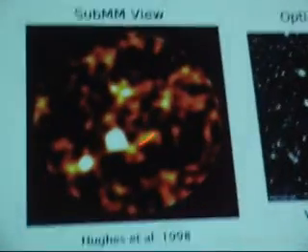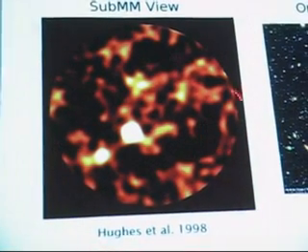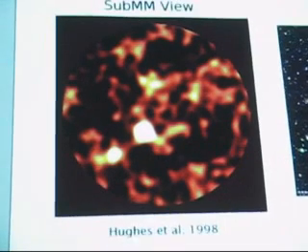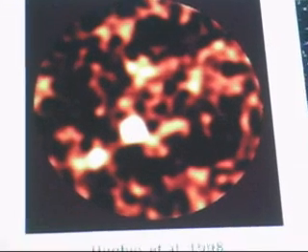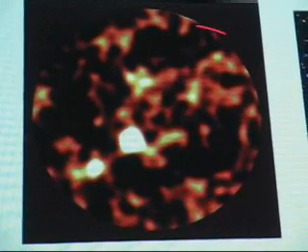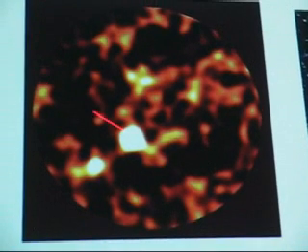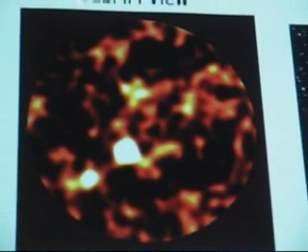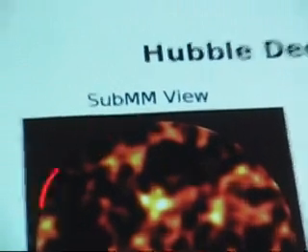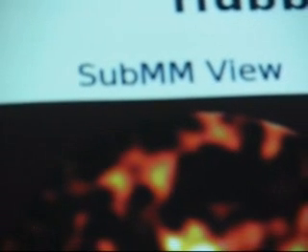So here is the discovery. You remember, number 6 on the list was the discovery of a population of distant star-forming galaxies. And this is the discovery picture. This is the Hubble Deep Field over here, and what a bunch of guys did was they used the James Clerk Maxwell Telescope in Hawaii and made a sub-millimeter picture of the same thing.